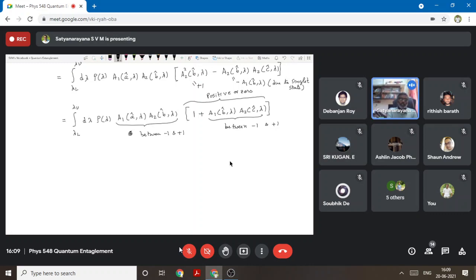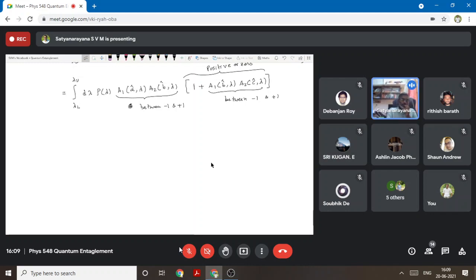So if I set this as +1, that is the maximum value. Any other value is going to be smaller than this, because this is anyway going to be positive, so it cannot take away anything from that in that sense.